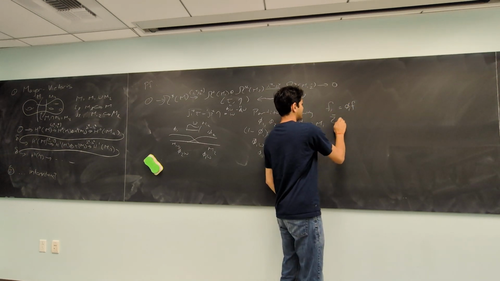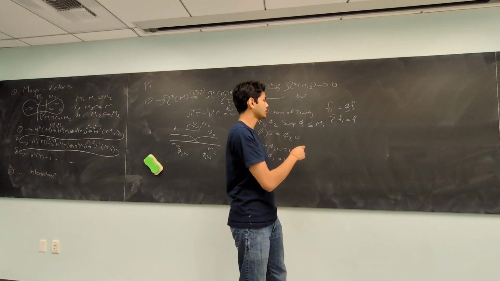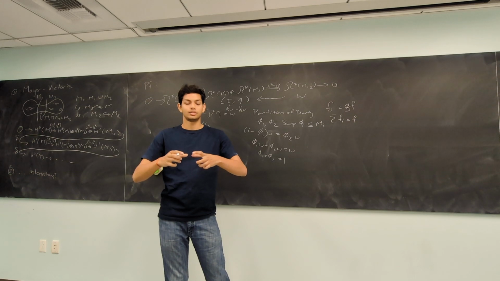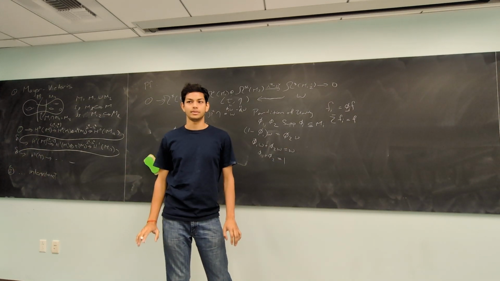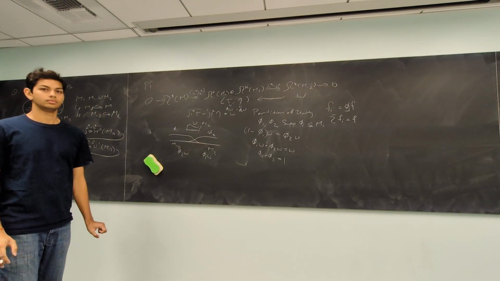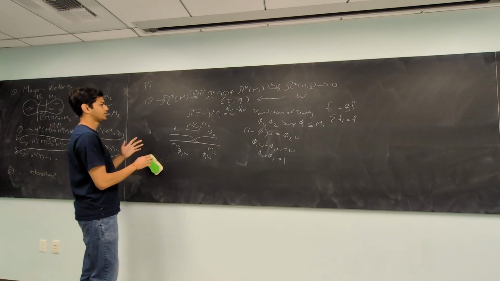These have the property that the sum of the f_i is equal to f, because the sum of the phi_i is 1. And it also has the property that they are zero outside of some open set. So you can understand them just by looking at that open set and ignoring the rest of the space. Is that good? Cool.